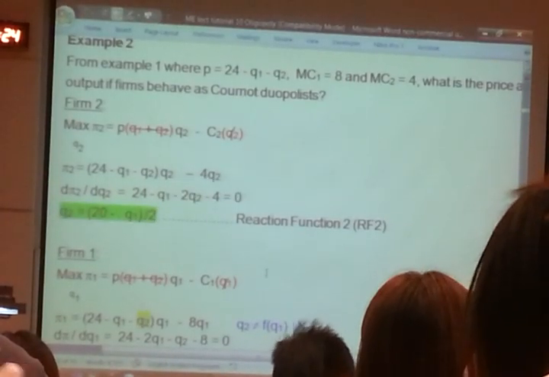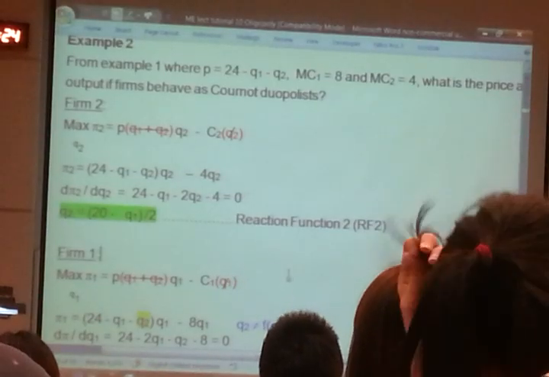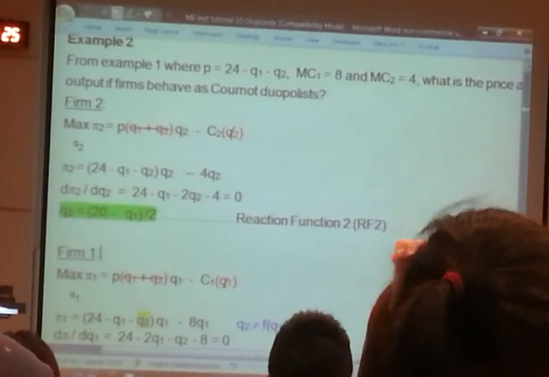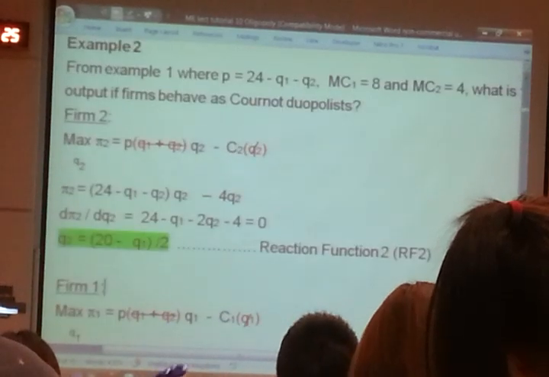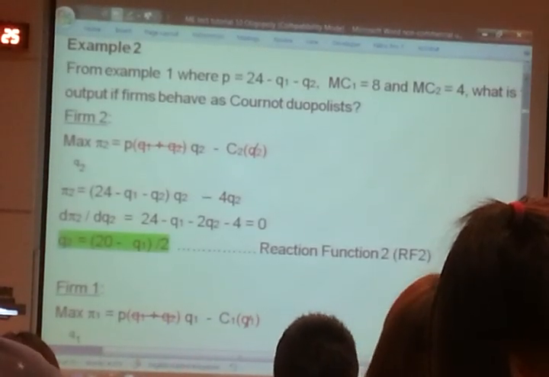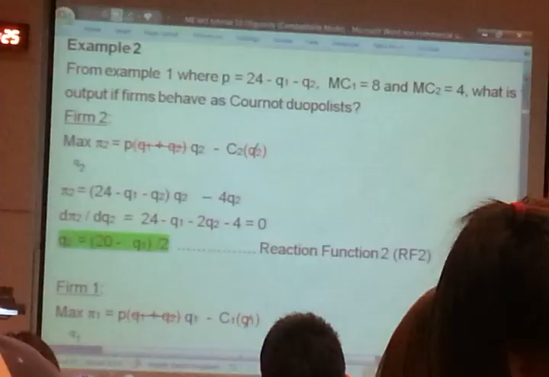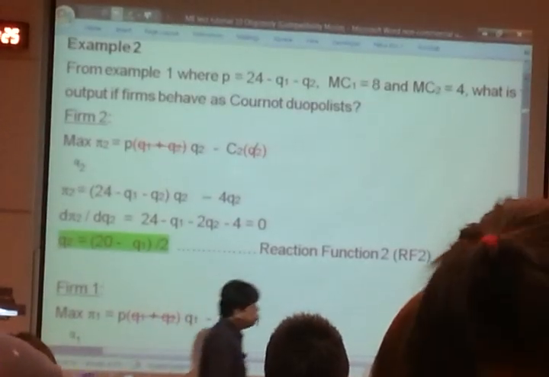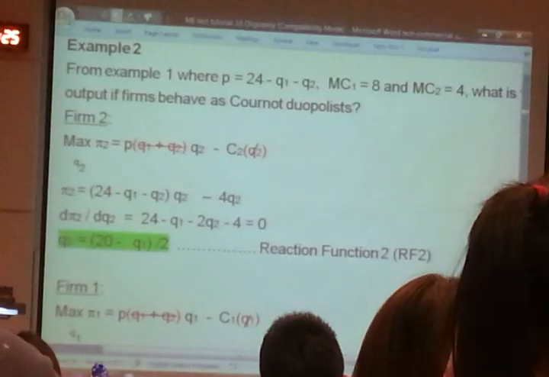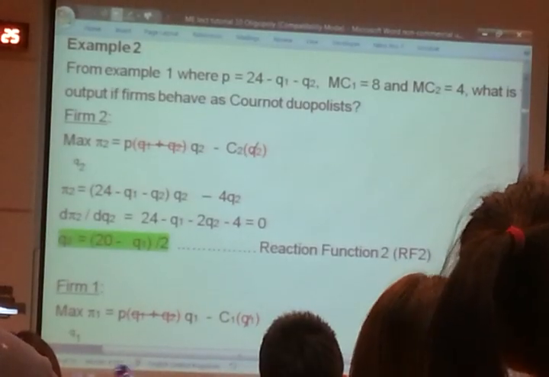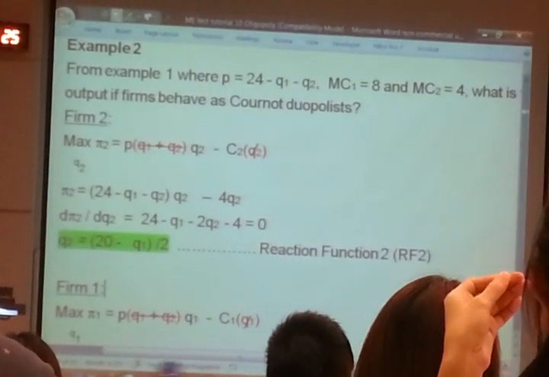Now, this is called the profit maximizing function. How much will firm 2 produce? If firm 1 produces 10, how much does firm 2 produce? 5.